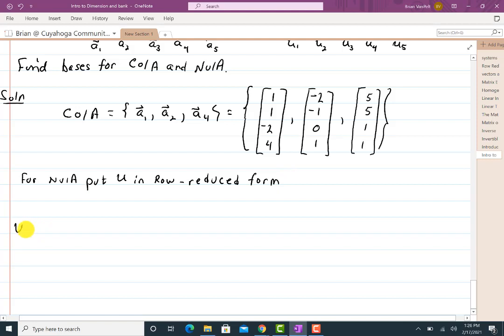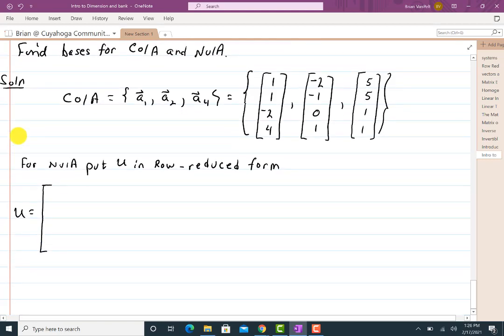So let me go ahead and put my U in here, and then we'll go through that. All right, my U had 1, 0, 0, 0; -2, 1, 0, 0; 9, -3, 0, 0; 5, 0, 1, 0; 4, -7, -2, 0.